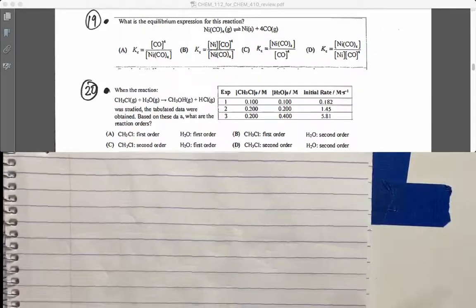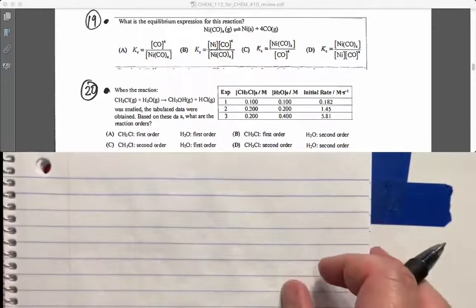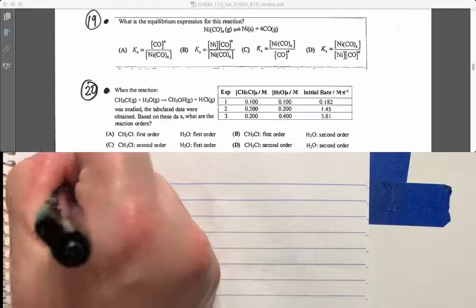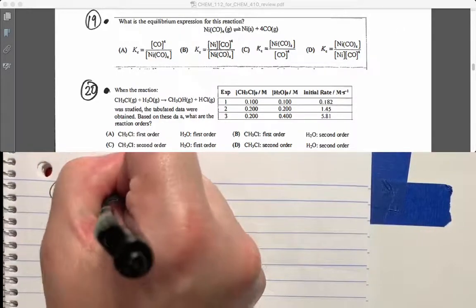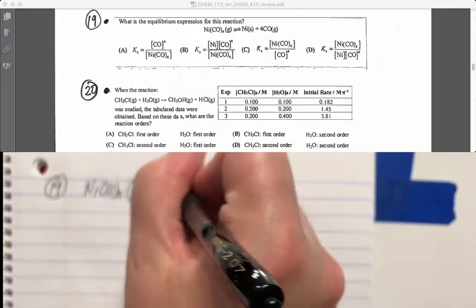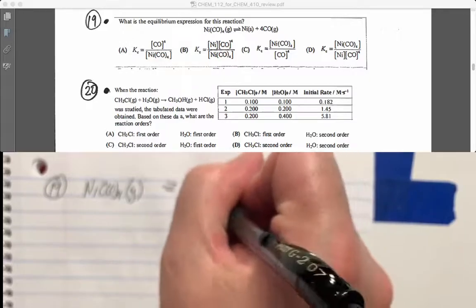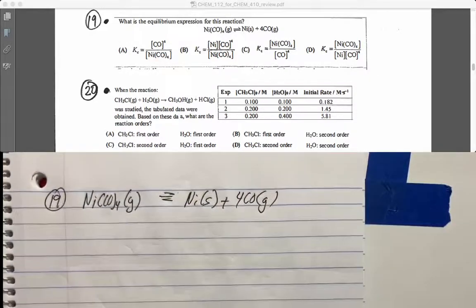Okay, now here with 19, we have a reaction. I'll write it out again, Ni(CO)4, which is a gas, in equilibrium with solid nickel and 4 molecules of carbon monoxide gas.